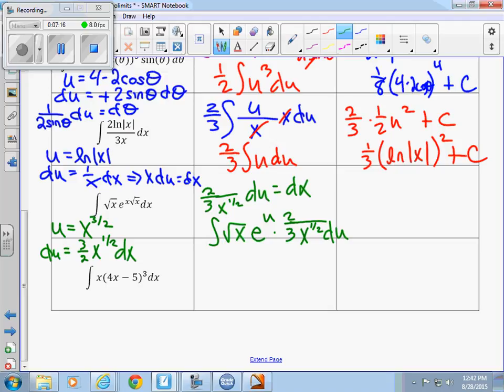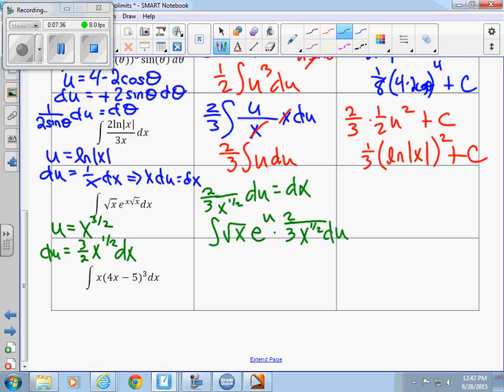This one just came from the derivative. Oh, are you talking about the x to the 3/2? At the very beginning, this is x to the first and x to the 1/2. And if I add those together, you get x to the 3/2.